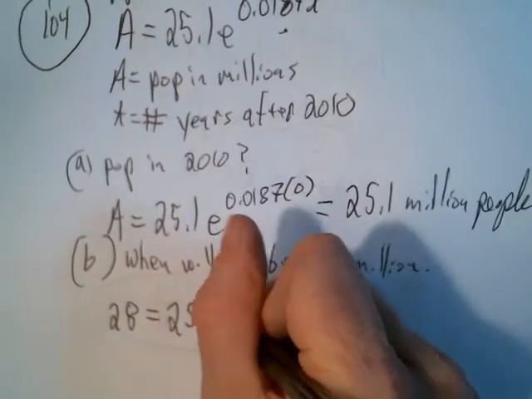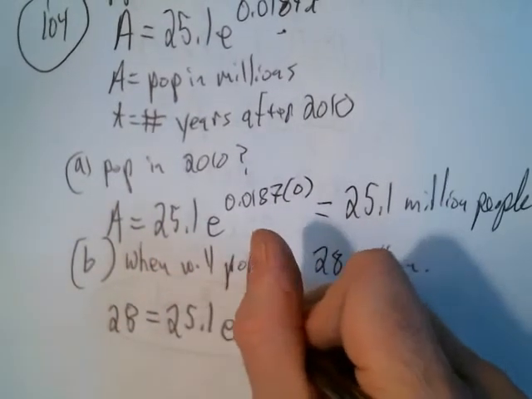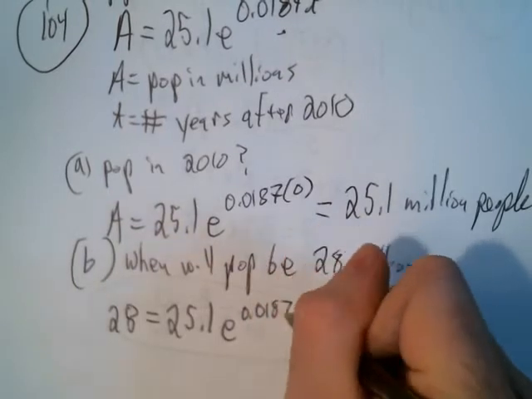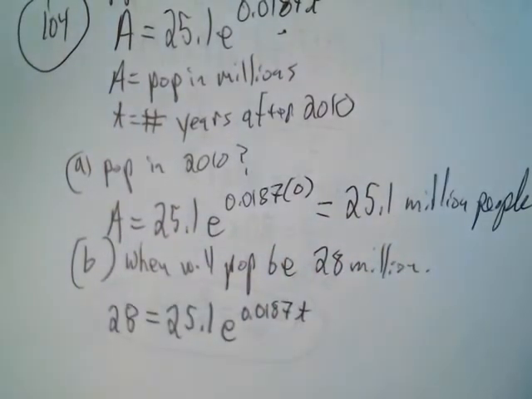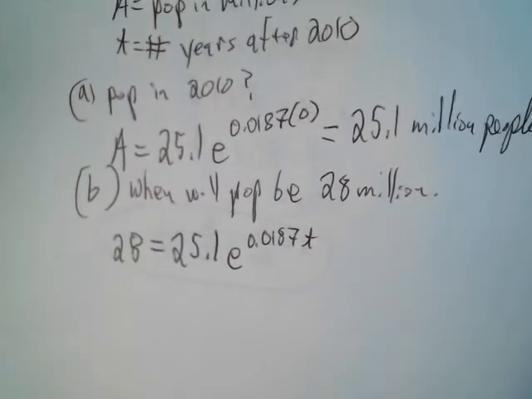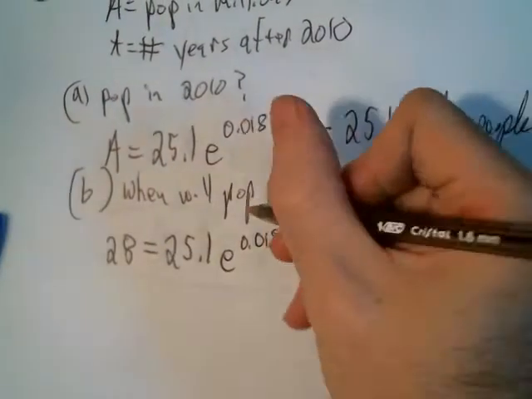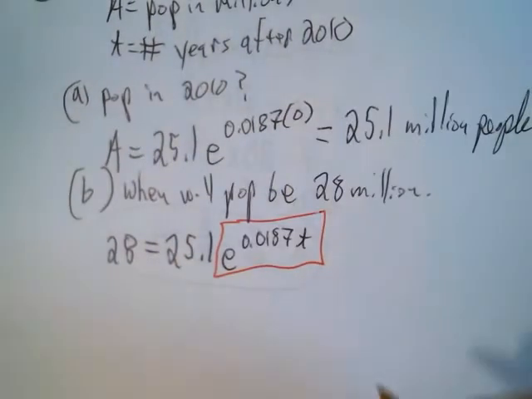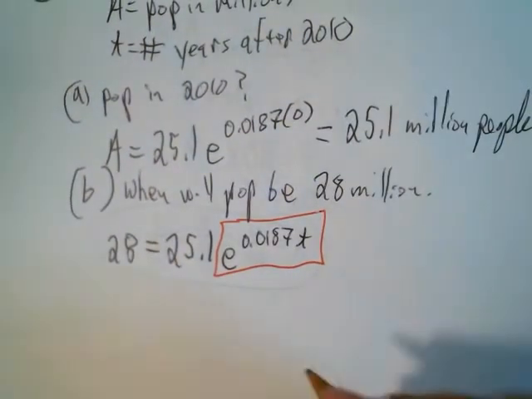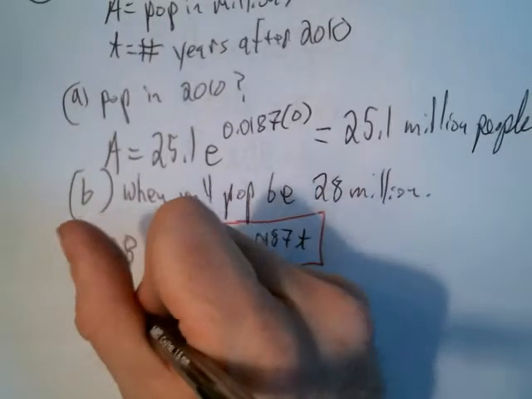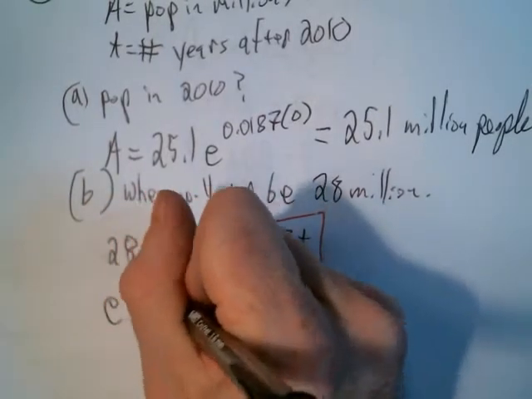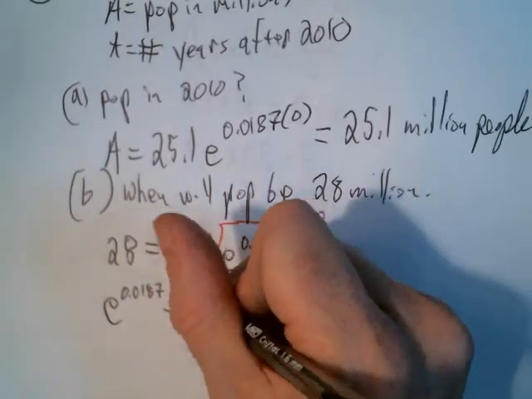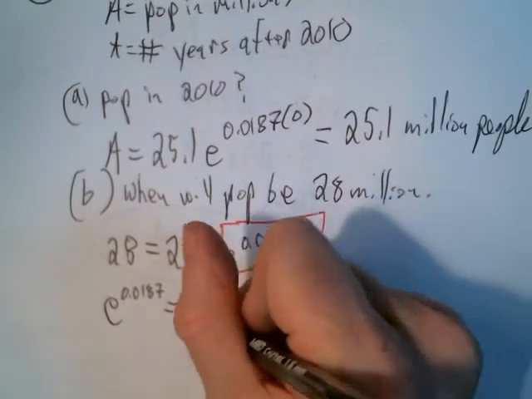Here we'll have 25.1 e to the 0.0187t, and we want to solve for t. Again, you need to isolate the exponential term before you can do anything. So you'll have e to the 0.0187t equals 28 divided by 25.1.